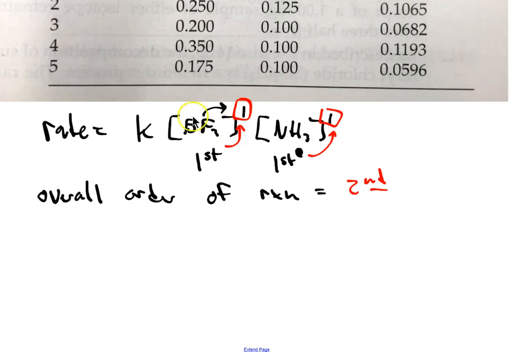In this class, we usually have a first, second, or third maximum order. And there's a reason behind that. It's because 99% of chemistry is going to be a first, second, or third order process. All right? And we'll explain what order means in a day or two in detail.